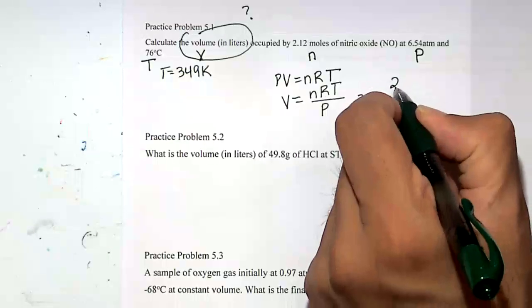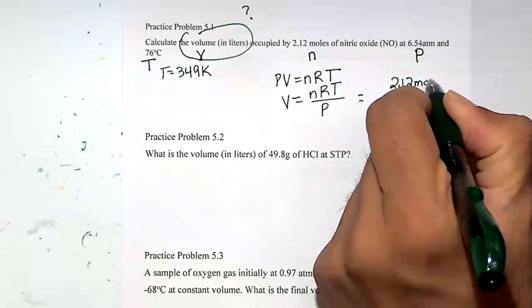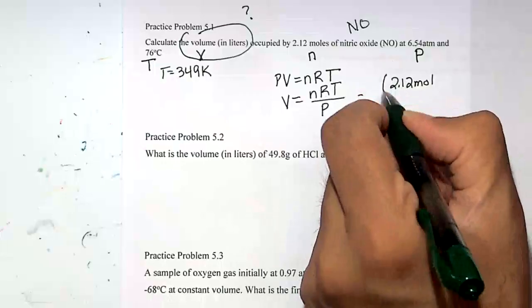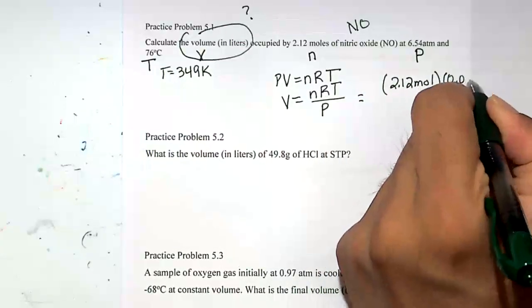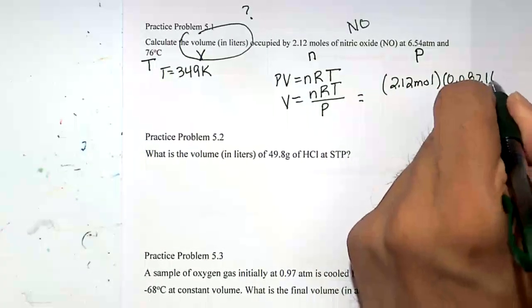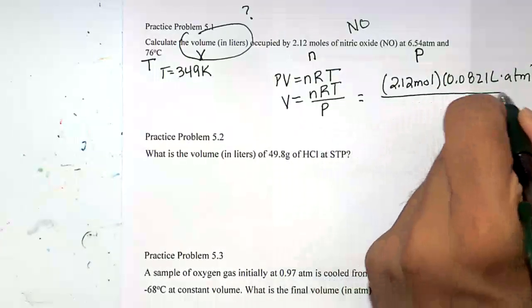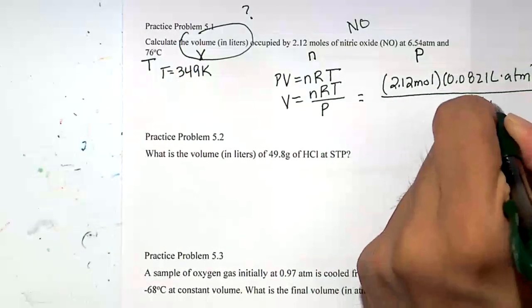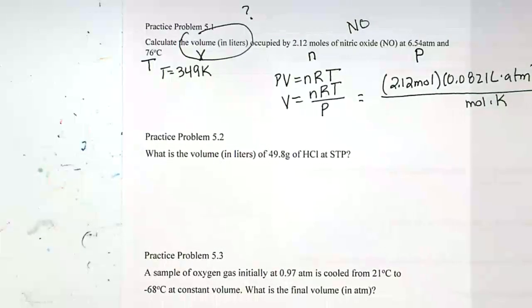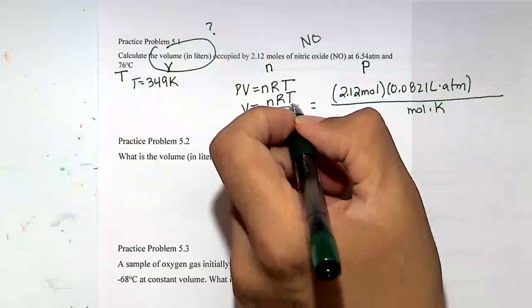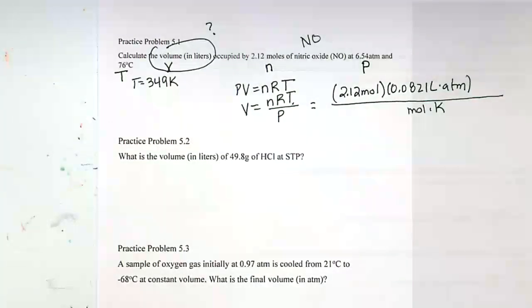N is 2.12 moles. The gas here is nitric oxide. R is, I'll give you R, it's 0.0821 liters times atmosphere over mole Kelvin. T is temperature, but always put it in Kelvin.